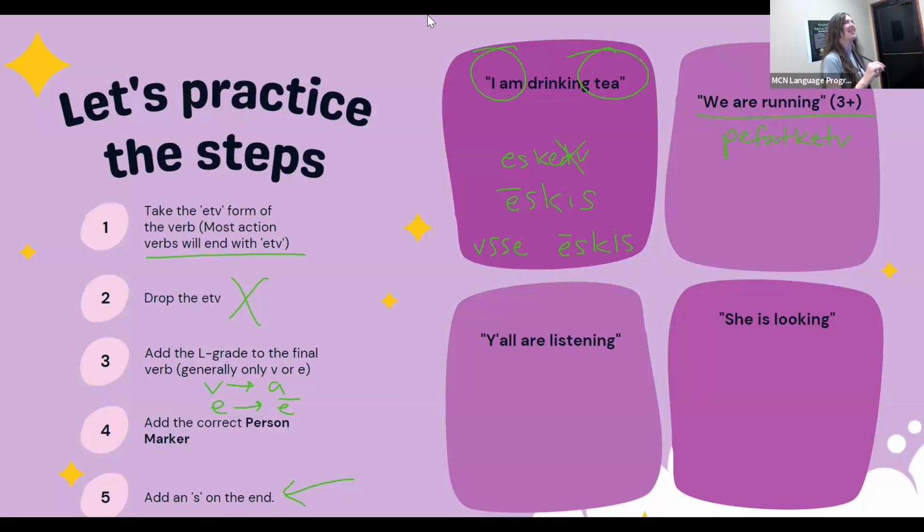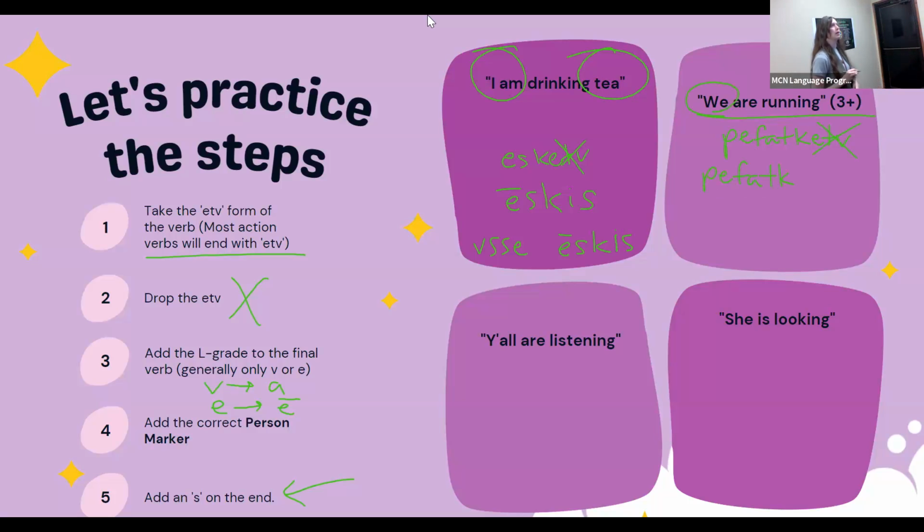We have a verb, so we gotta drop our ida. So now we have befat. Okay, next we have to look. Is that last vowel a V or an E? Yes or no? No, it's an A. So we don't have to do anything to it. It stays befat.